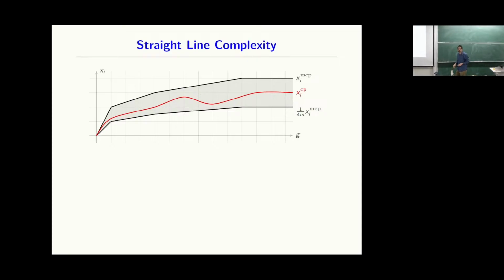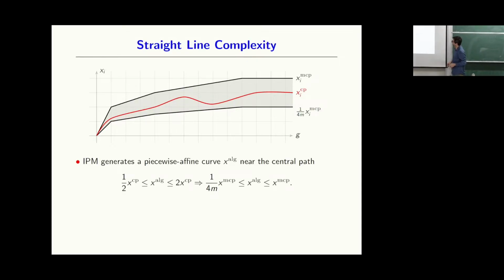Now if you think about what an algorithm might do, it turns out an algorithm is going to give you an approximation of the central path.